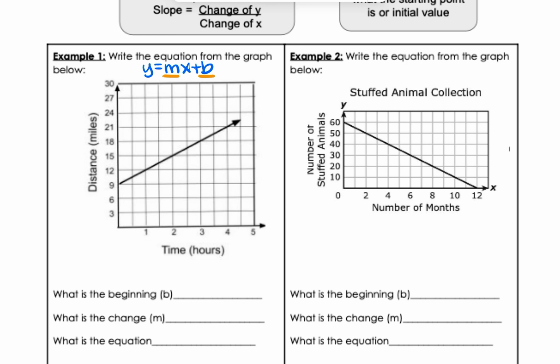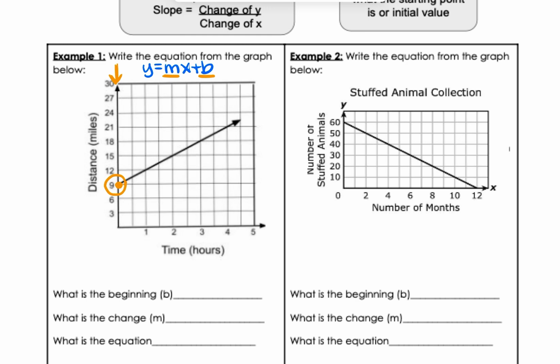So I look at my y-axis, which is this line right here, and I say, where does my line cross the y-axis? Well, I can see that my y-intercept crosses right here. And so where is that? Well, that is at positive 9.